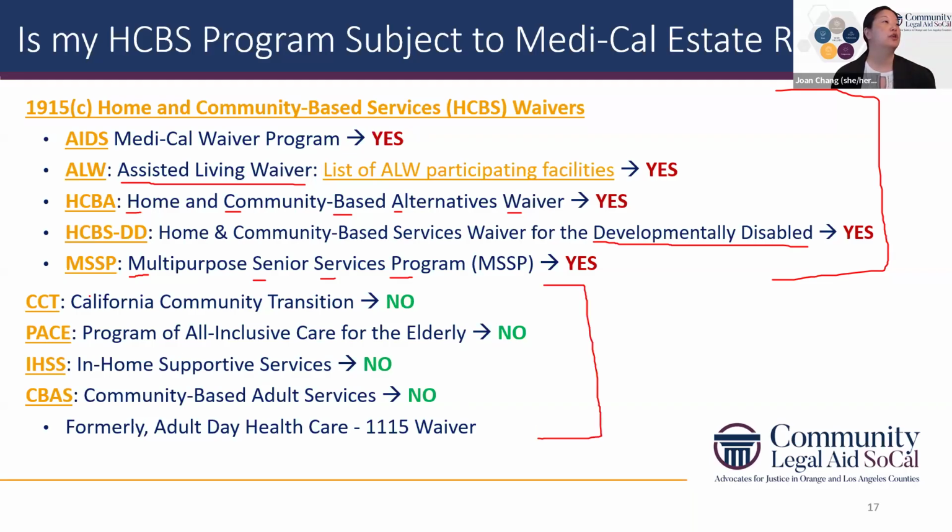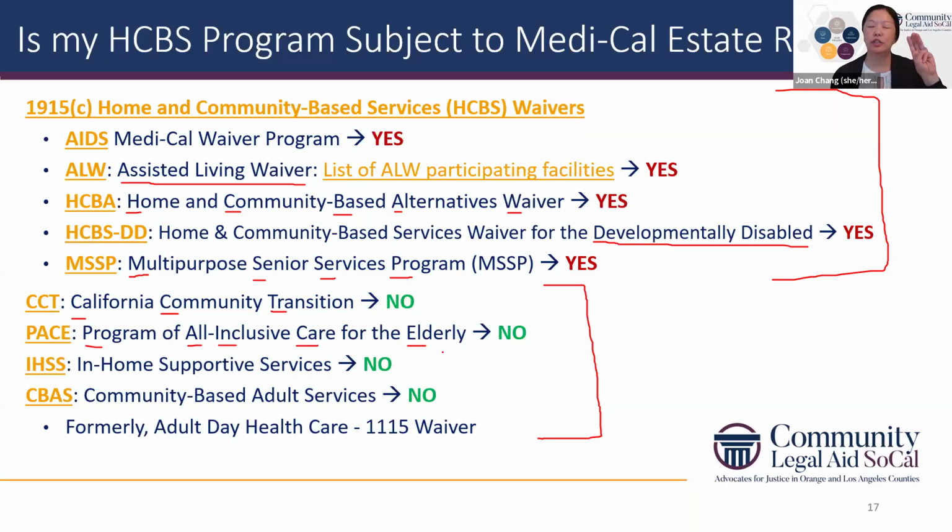We're okay if you were ever enrolled in the California Community Transitions program. This is the program where, if you're transitioning from a nursing home back home, they provide you services, devices, and home modifications that help you return home safely from a nursing home. There's also the PACE program, the Program of All-Inclusive Care for the Elderly.